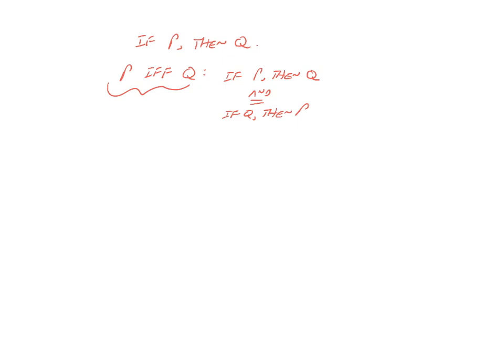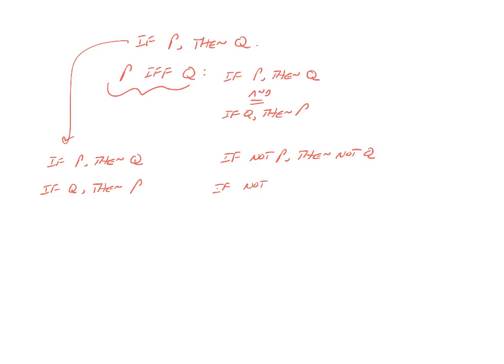But going back to our original conditional, if P, then Q, there are 4 associated statements from any given conditional, and that would be if Q, then P, if not P, then not Q, if not Q, then not P.